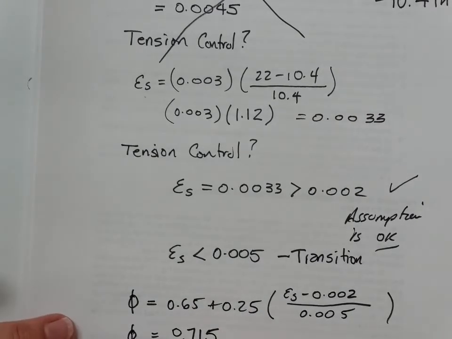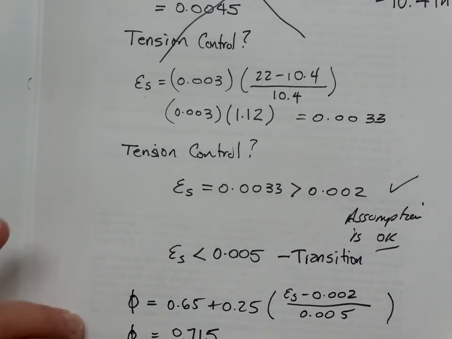But we can still calculate the ultimate moment, which is 0.715 multiplied by 352 kip feet. And what do we get?